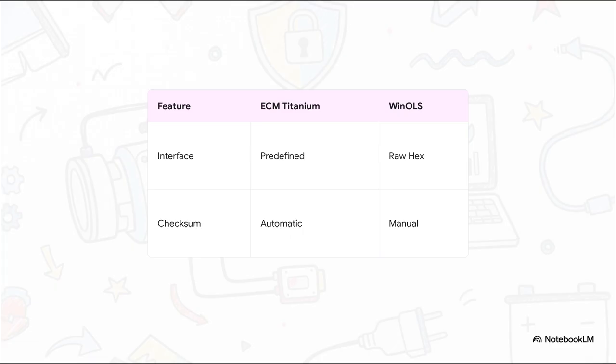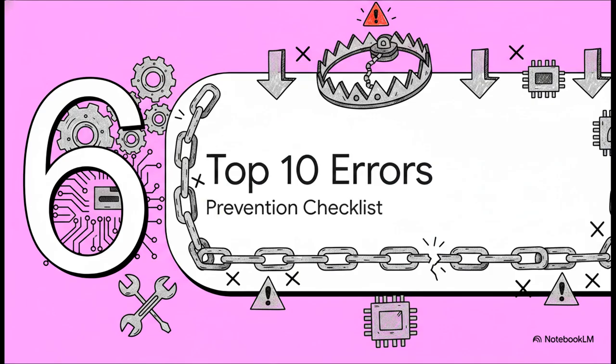ECM Titanium, on the other hand, leverages predefined drivers and automatic checksums. It provides a much faster, guided workflow for busy shops. It finds those maps for you and handles that critical checksum correction in the background so you don't accidentally brick the ECU.